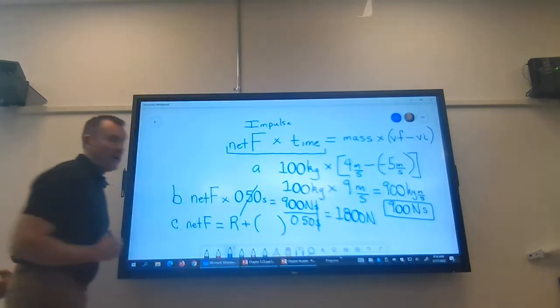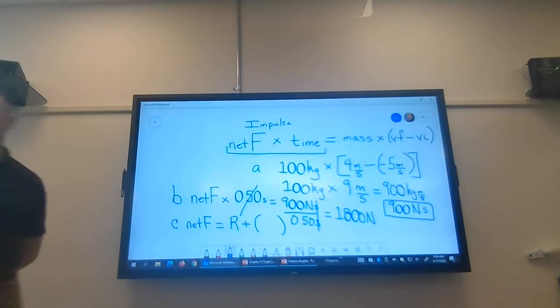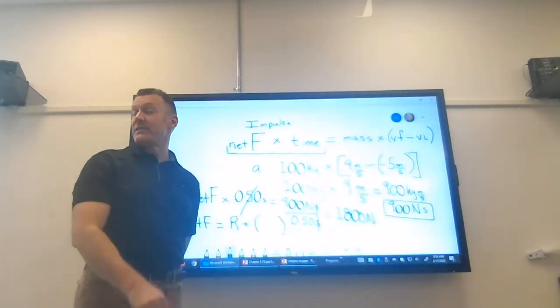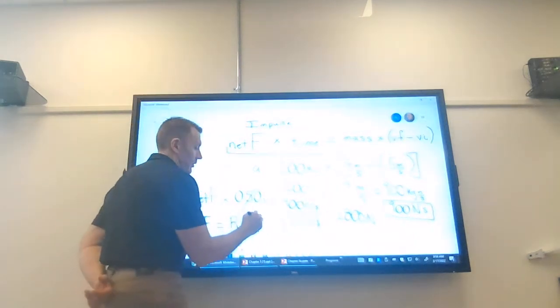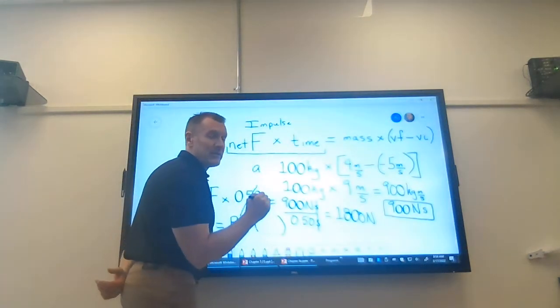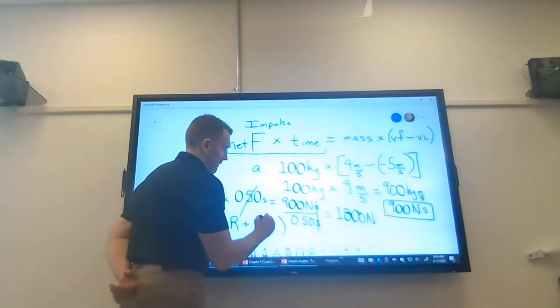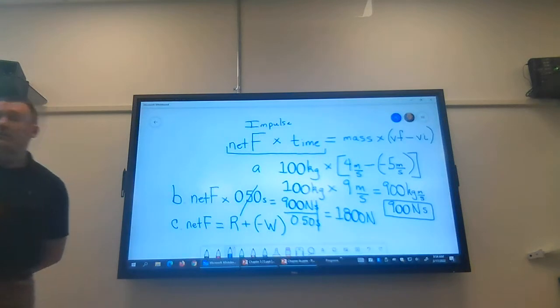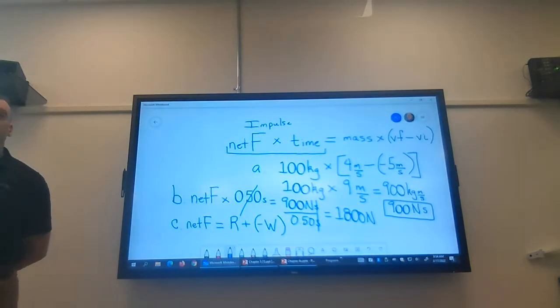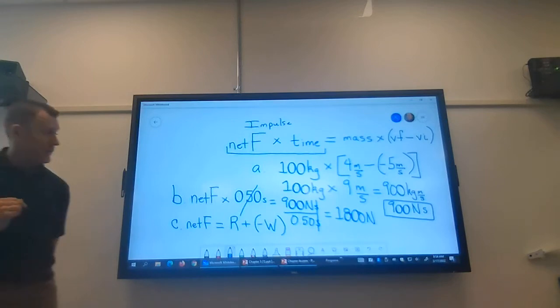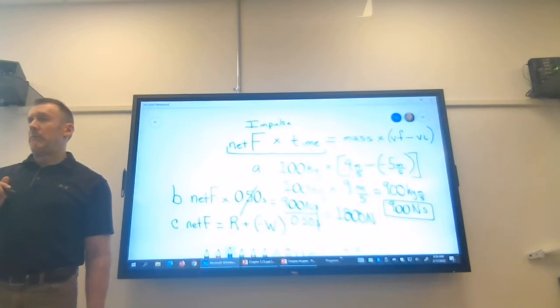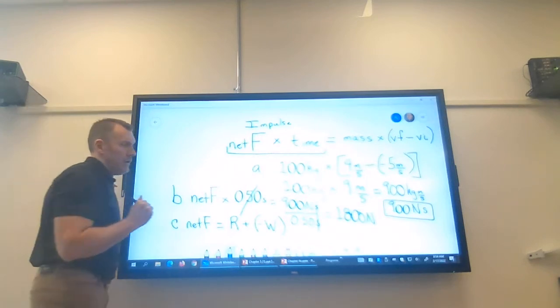And what do we put right there? What's the reactive force acts up? Which force acts straight down? Yeah, or what's the force of gravity equal to? Yeah, it's weight. We already calculated weight, so do we have enough that we can solve for the reactive force? Yes. Yeah, I think we do.